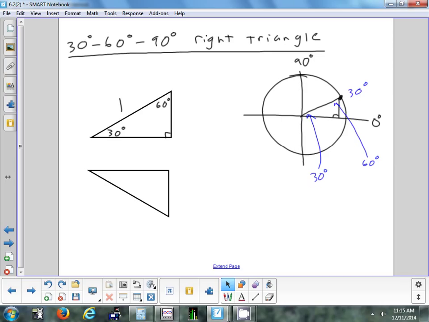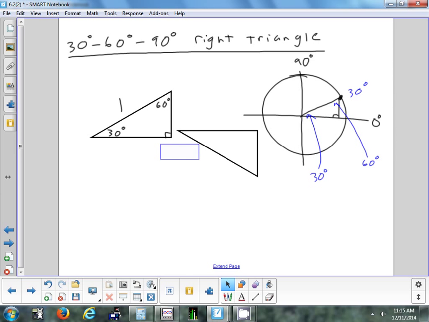Where could I place it? Would this be a good place to place it? Would that help? Where could I place it that would work well here? Yeah, the bottom. Okay, so let's try to put it on the bottom.